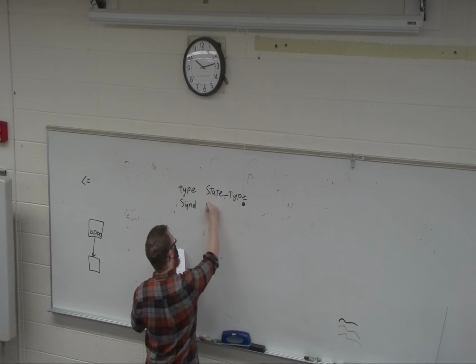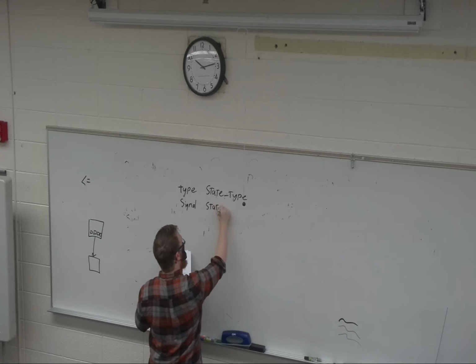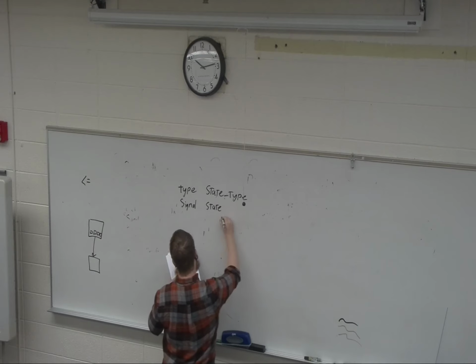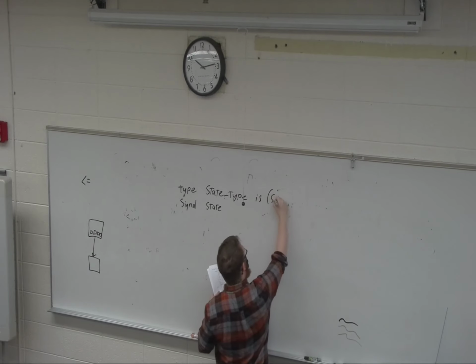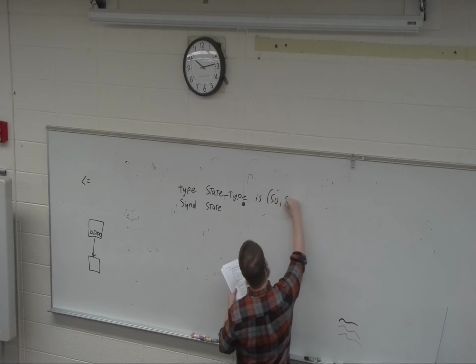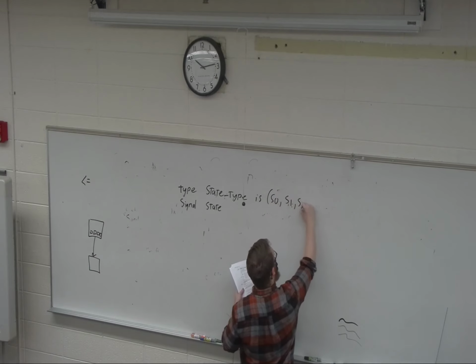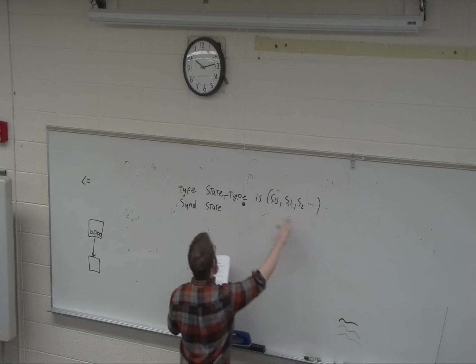The official term is enumerated type. And what that means is all possible combinations of that are defined.